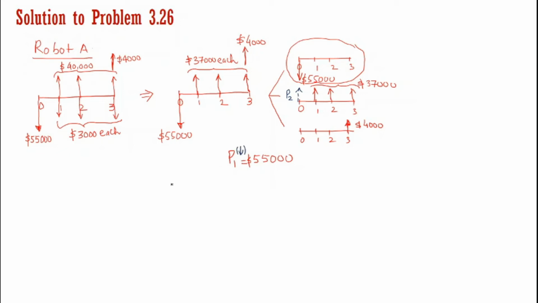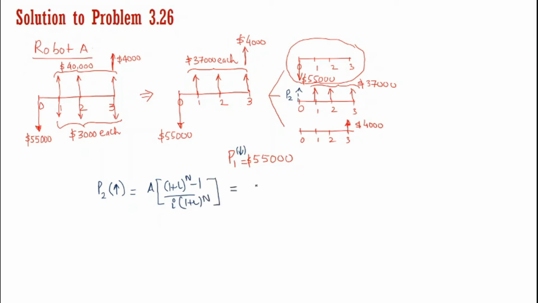Now if I am interested in finding out P2, of course the direction of P2 will be upwards. So if I write down the formula between A and P, it will be (1 plus i) to the power n minus 1 upon i times (1 plus i) to the power n.